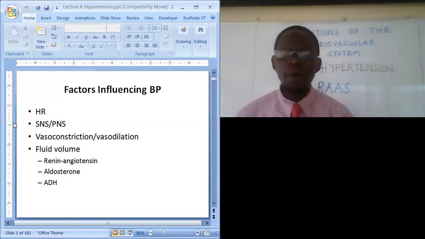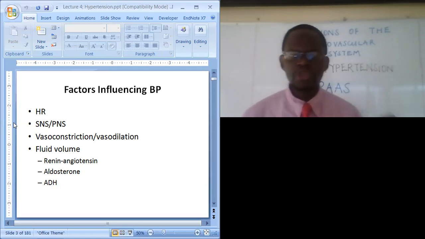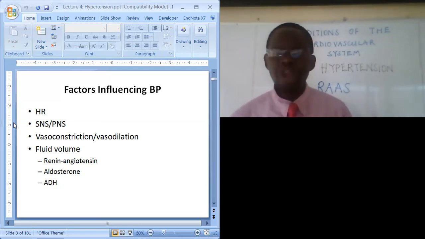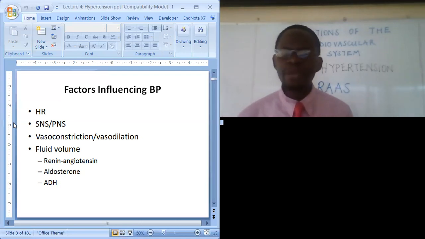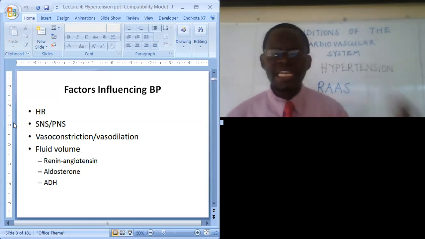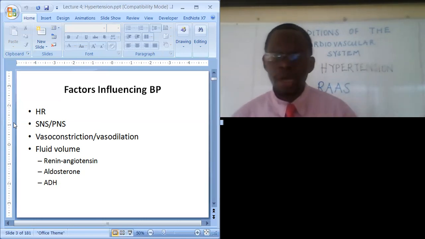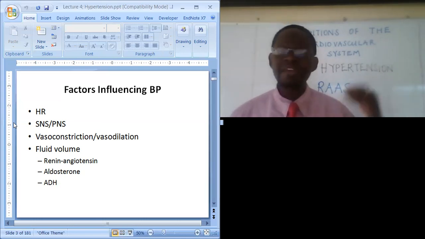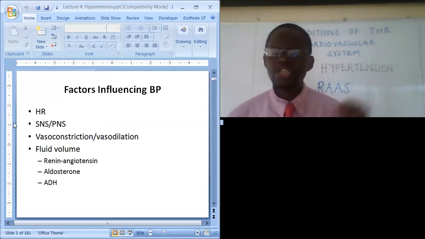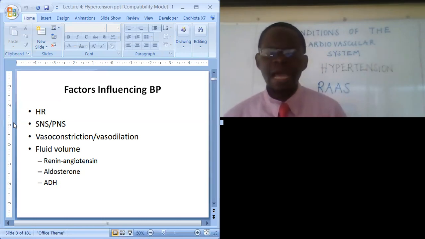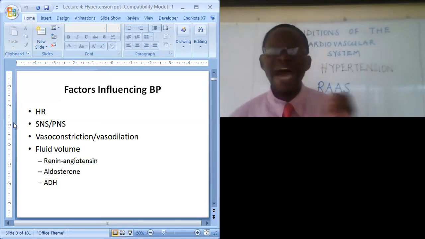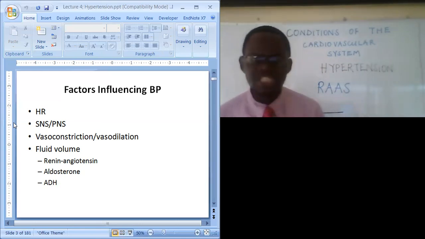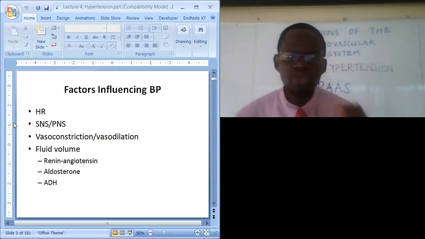But we also have hormones like aldosterone, which is secreted by the adrenal glands, specifically the adrenal cortex. And then we have hormones like ADH, the antidiuretic hormone, which is secreted by the hypothalamus and stored in the posterior pituitary gland. All these factors play parts in influencing blood pressure.